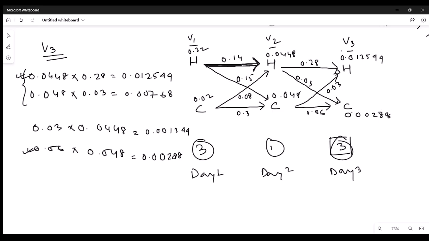Now from these calculated probabilities, we need to identify the Viterbi path. For every day, we need to identify the maximum Viterbi value. Here the maximum Viterbi value is this H. On day 2, the maximum Viterbi value is this one, because it differs by very little, but still 0.048 is higher than 0.0448.